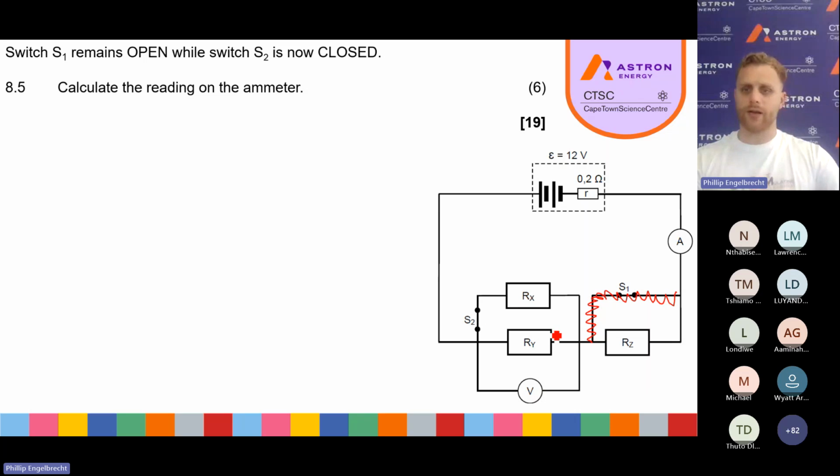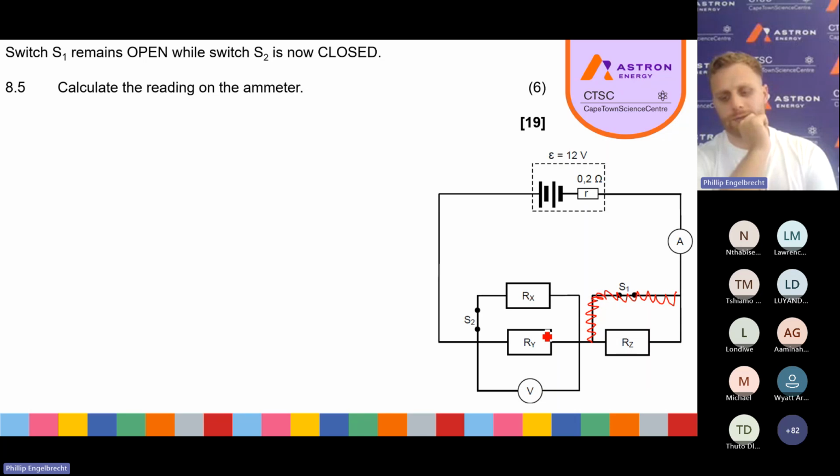So now we have a parallel branch and a resistor in series. So 2 resistors in parallel, 1 resistor in series. And we need to figure out what is the reading on our ammeter. So what is the new current? So how do we figure that out?